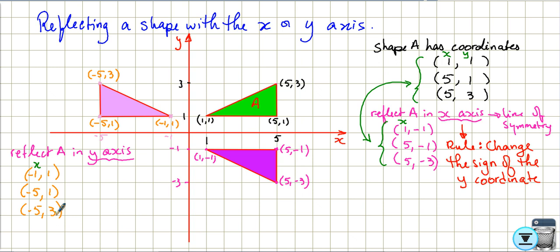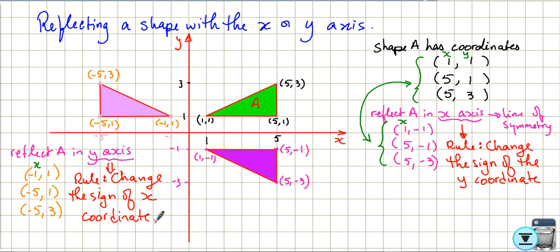So as a rule, and now I'm going to write the rule, when reflecting a shape in the y-axis, we need to change the sign, this time, of the x-coordinate. We need to change the sign of the x-coordinate.